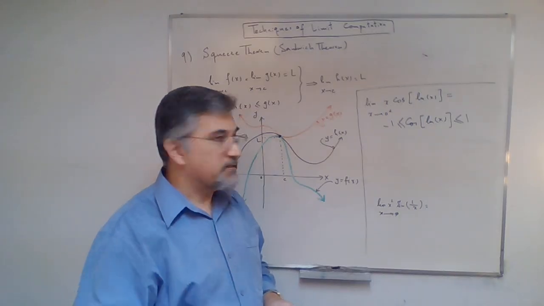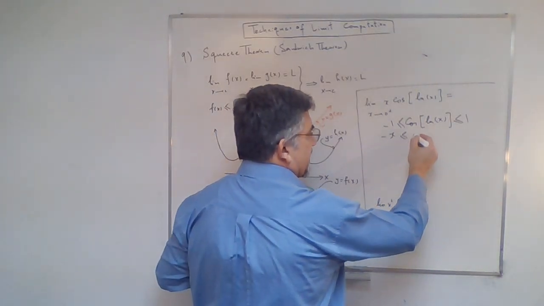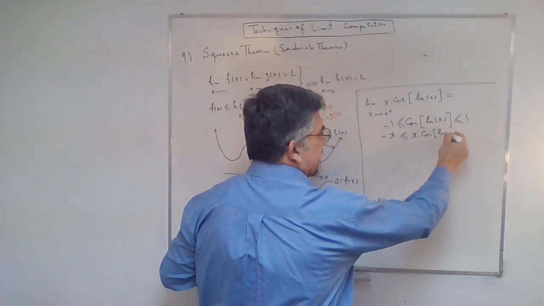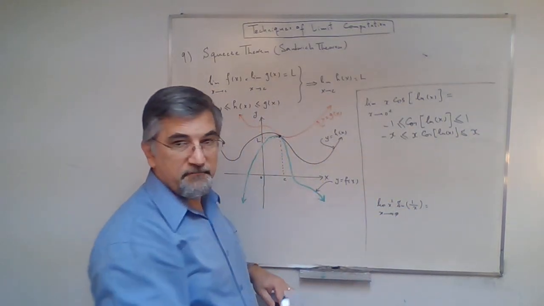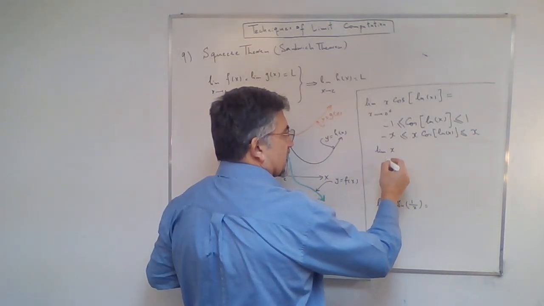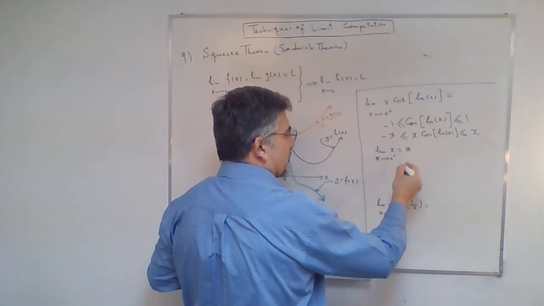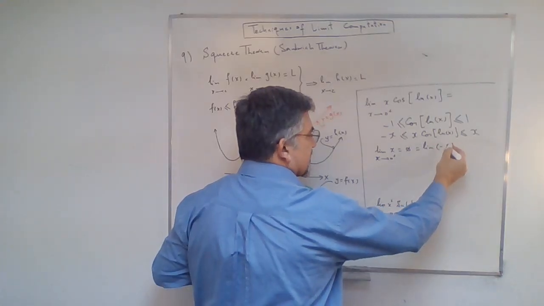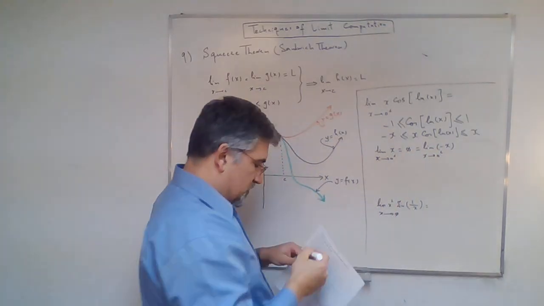It is a fact. Now, if you multiply all three sides by x, you get -x less than or equal to x times cosine of ln of x less than or equal to x. And it's needless to say that the limit of x when x approaches 0 from the right side is equal to 0. And it's also needless to say that the limit of -x when x approaches 0 from the right side is also equal to 0.